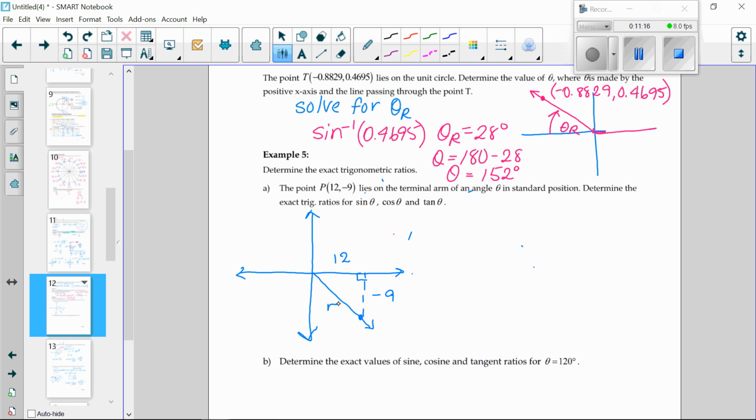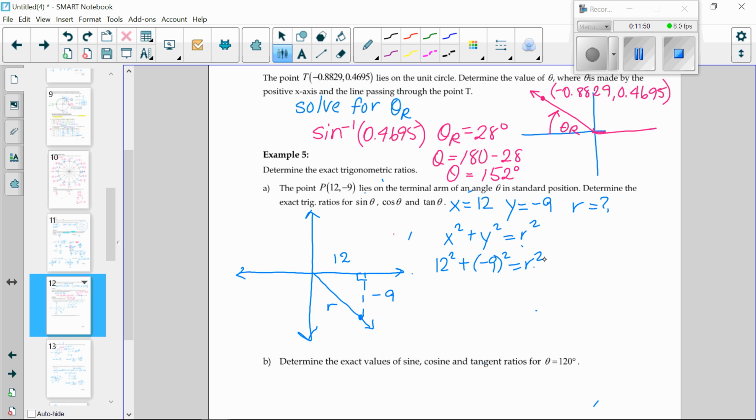What I need to know is, what is r? So x equals 12, y equals -9. We need to find r. Okay. So let's figure that out. So I'm going to go x squared plus y squared equals r squared. So 12 squared plus -9 squared equals r squared.